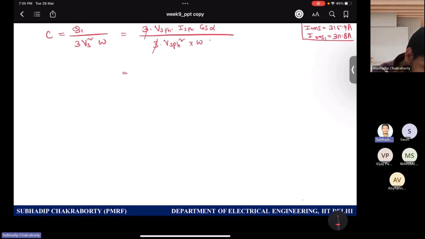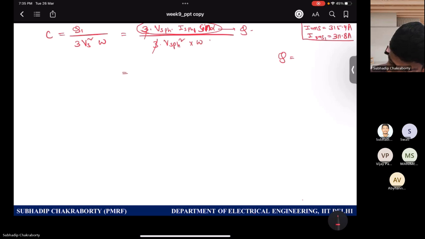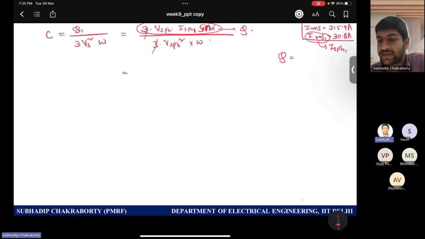Sorry, this is sin alpha, right? Let's calculate the reactive power, Q. Is phase fundamental, you know, right? This is star connected. Assume, because nothing is specified, that the supply side is star connected.